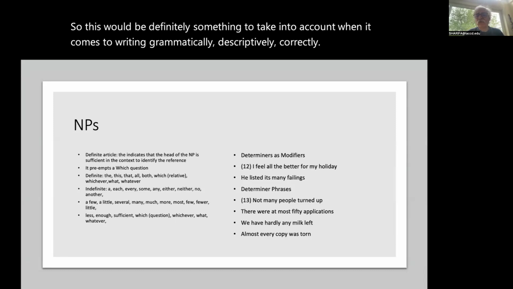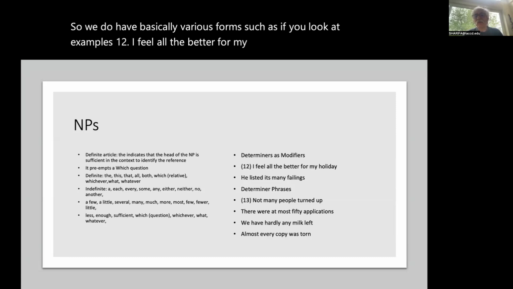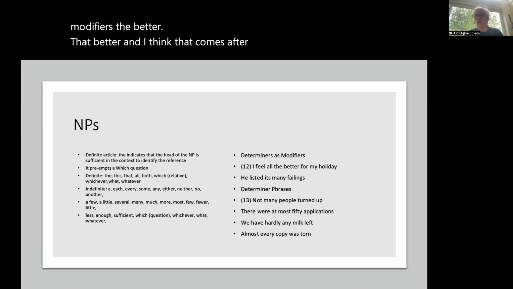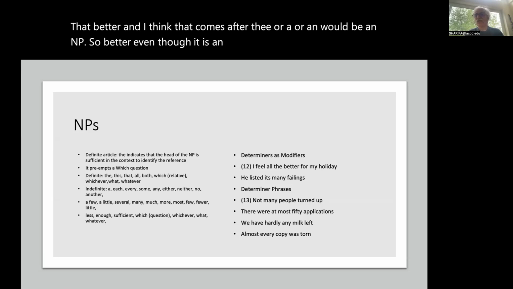So we do have basically various forms, such as, if you look at example 12, "I feel all the better for my holiday." Determiners as modifiers: the better. Anything that comes after the, or a, or an would be an NP. So "better," even though it is an adjective, is serving as a noun phrase.